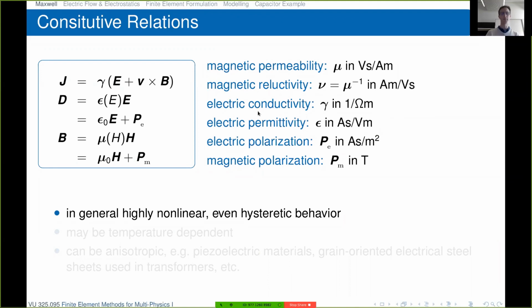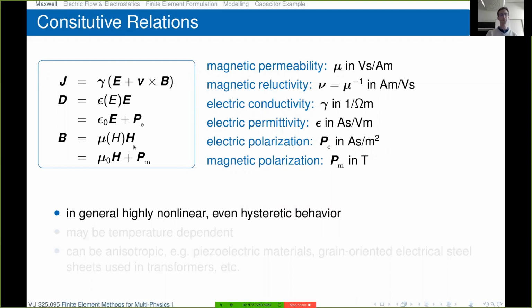We have a relation between the electric flux density and the electric field intensity, which is given by the electric permittivity. And similarly, we have a relation between magnetic flux density and magnetic field intensity given by the magnetic permeability.